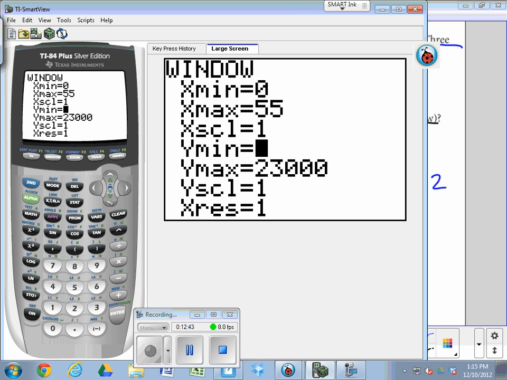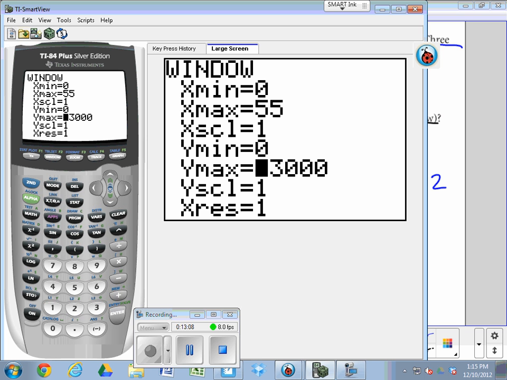Then, for y max, what's going on? What kind of graph do you expect to see? A line or a curve? Starting where? What was our starting amount? 6.6, right? And then decaying. What will it never pass? If something is decaying exponentially, it'll never pass 0.